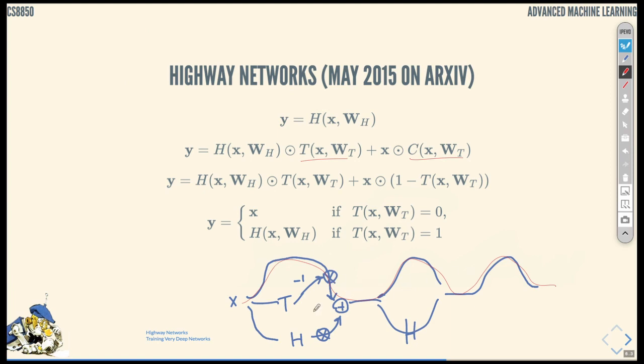But if the gate was open at the time, then there is an information highway, that's why highway networks, such that the gradients can always flow, and the updates can always be made to the earliest layers in the network, despite the need of propagating the gradient from the start.